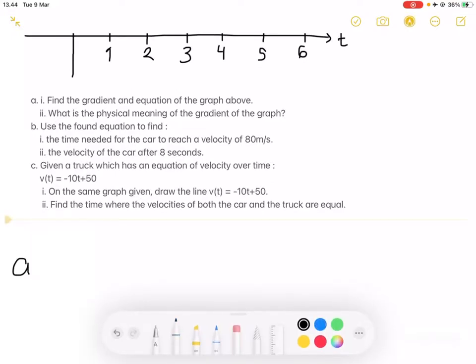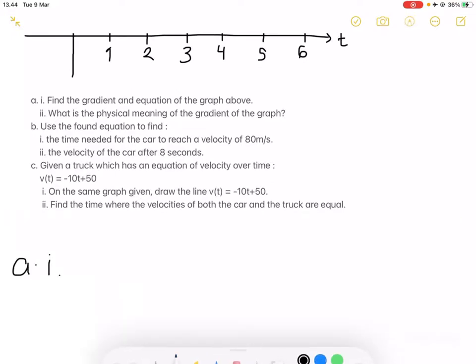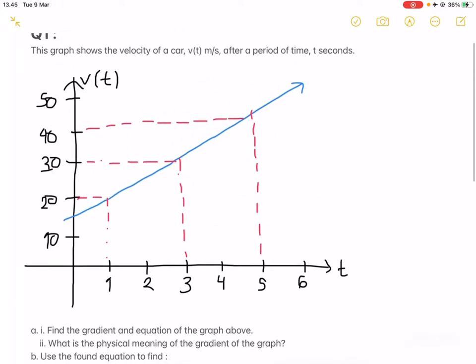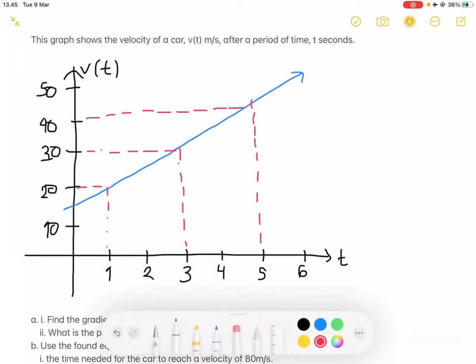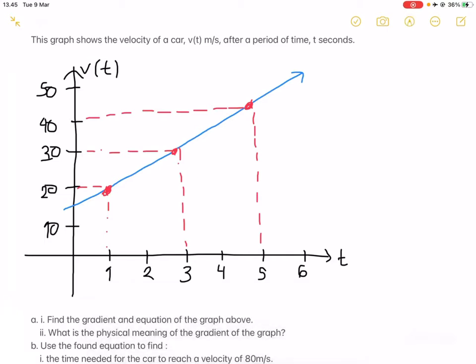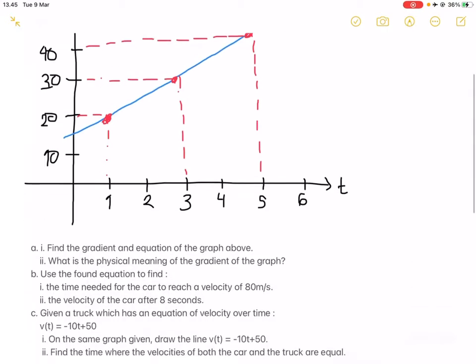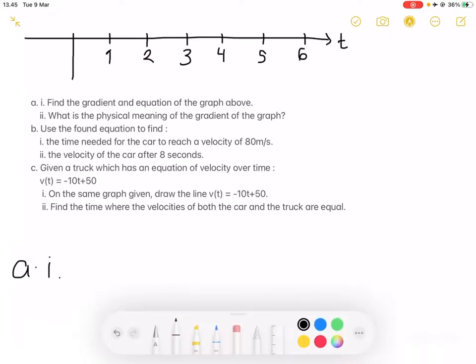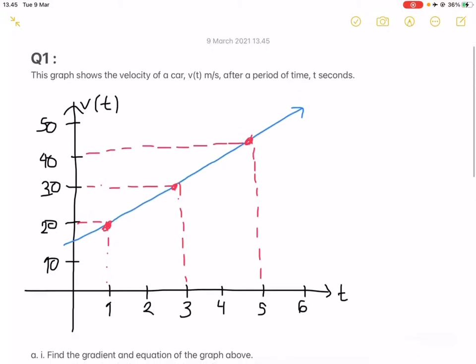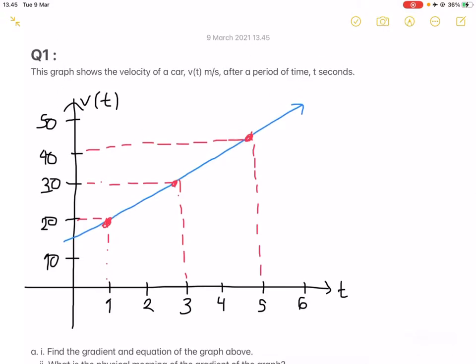Alright, so let's do the first part of part A. Notice that I've labeled some guiding points right here, marked by the dashed lines. The first one is right here, the second one is right here, and the third one is right here. Actually, we only need 2 points to find the gradient of this. The gradient is defined as the change in the y value over the change in the x value.